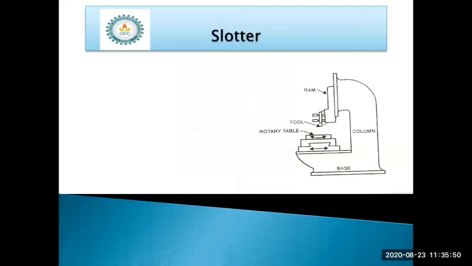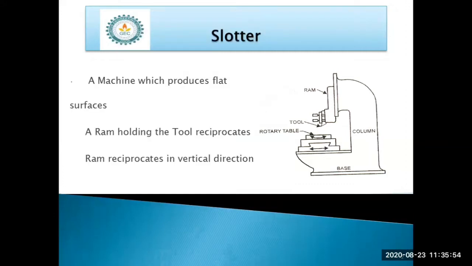So, the introduction to slotting machines. What is a slotter? A slotting machine is also known as a slotter, and it is a reciprocating type machine in which the ram holding the tool reciprocates along a vertical axis, and the work is supported on a rotary table, which is mounted on the carriage.